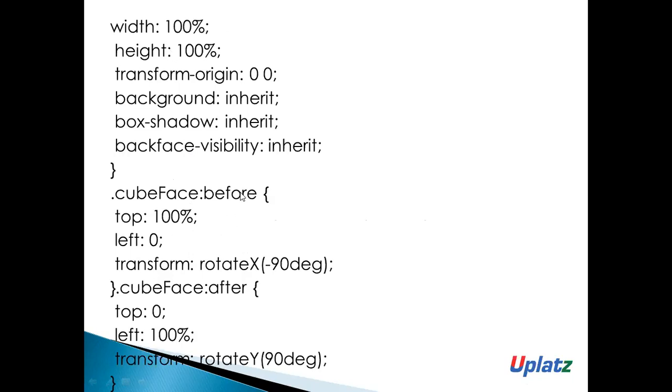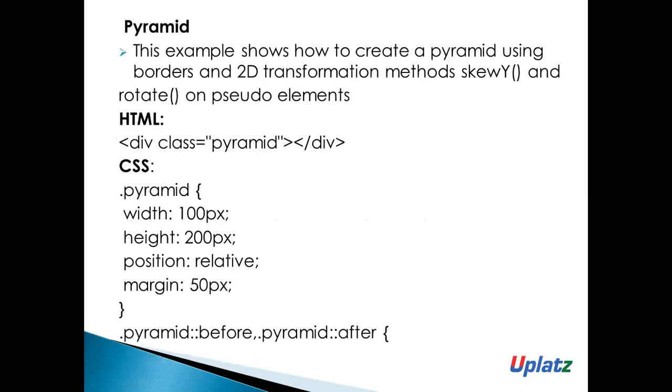For cube face before, top is 100 percent and transform rotate X is minus 90 degrees. For after, left is 100 and transform rotate Y is 90 degrees. So that is how you need to draw the cube. I will show you this at the end as well.